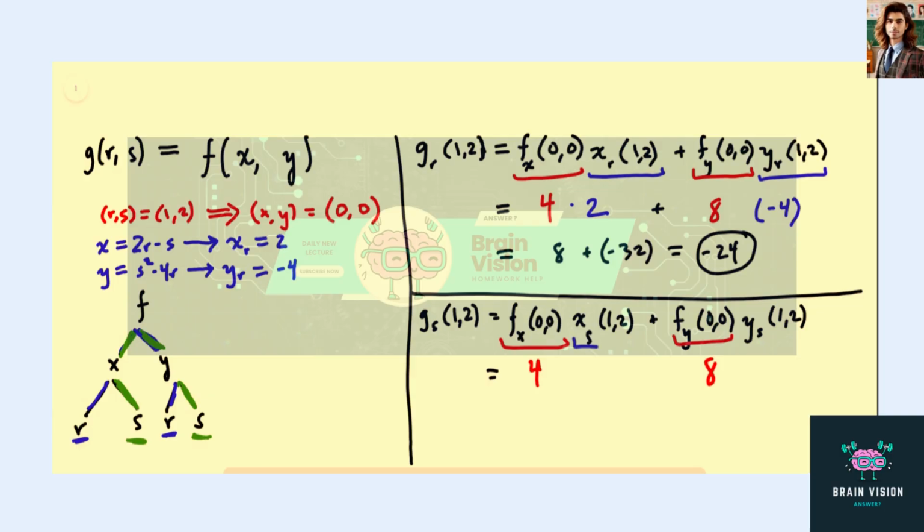The only thing that'll change will be the partials of x and y with respect to s now instead of r. So let's just keep track of those here, also in blue. As x partial s, the derivative of 2r minus s with respect to s is just minus 1. It's a constant. And the partial derivative of y with respect to s, well, y is s squared minus 4r, so we get 2s.